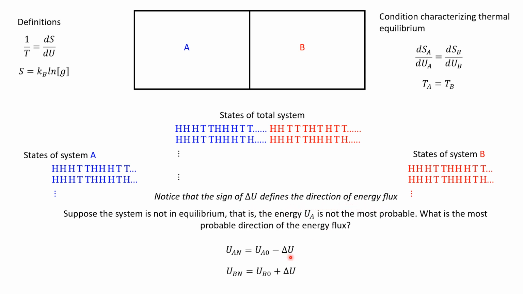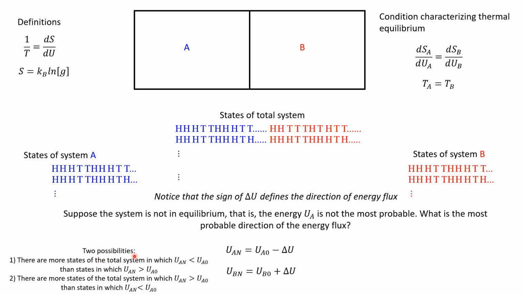So if delta U is positive, that means that the new energy is lower than the initial energy. In other words, energy is flowing from A to B. And if delta U is negative, then the new energy is higher than the initial energy, which means that energy is flowing from B to A. And we also have two possibilities.